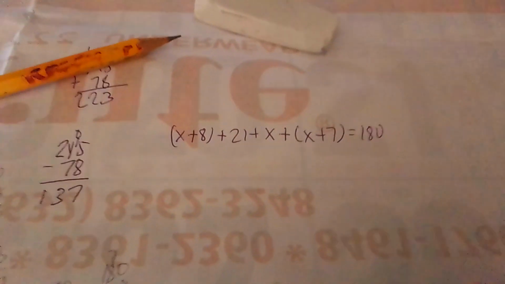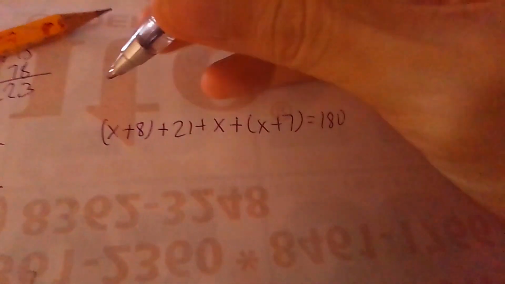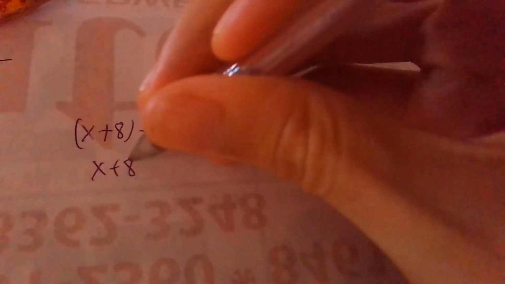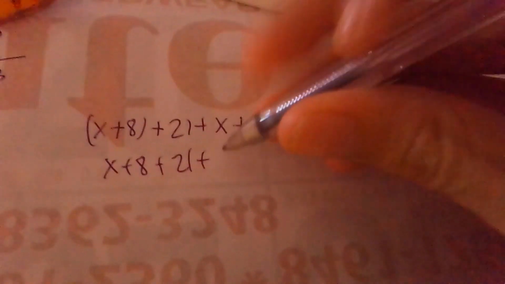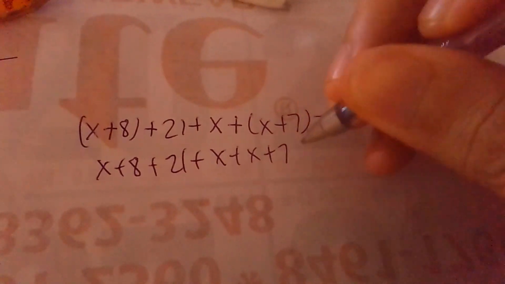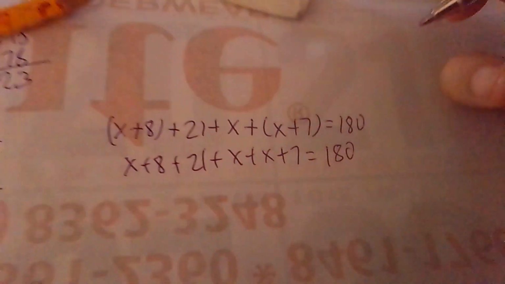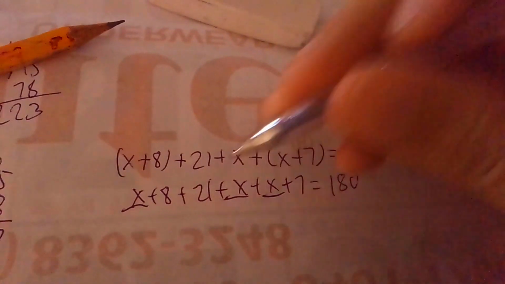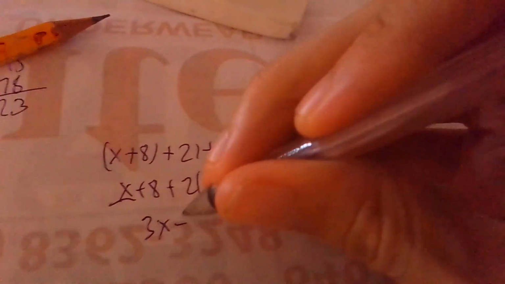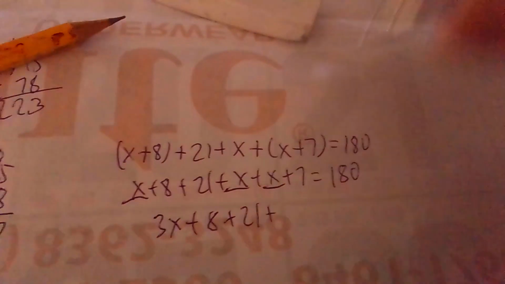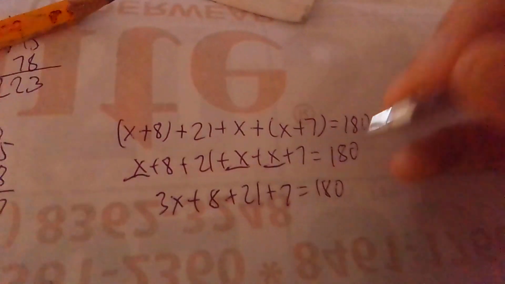Alright? Now, all we have to do is to eliminate parentheses, and we should get x plus 8 plus 21 plus x plus 7 equals 180 degrees. Now with that, we can combine like terms. Combine the three x's, so you should get 3x plus 8 plus 21 plus 7 equals 180.